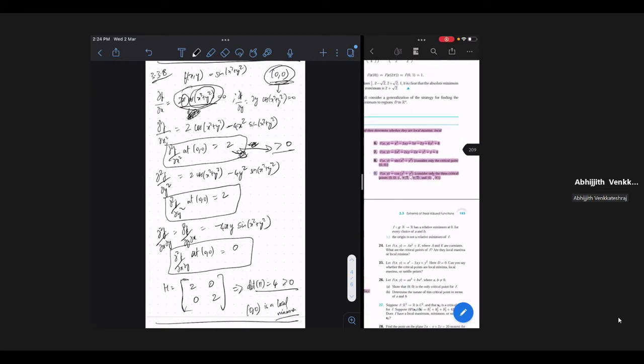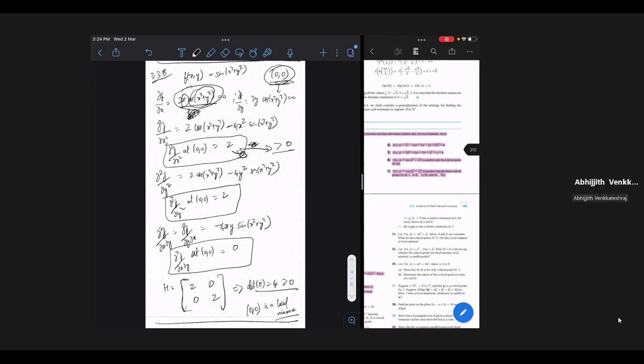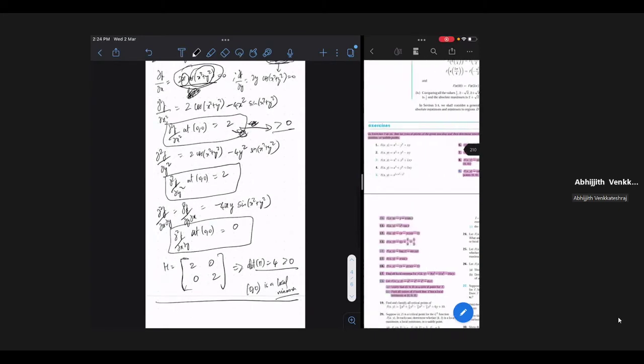Similarly for question 9, you do the same method, except that you have 3 critical points to consider, and you have to classify each of the 3 critical points based on whatever we know. I'm assuming question 9 can be done.